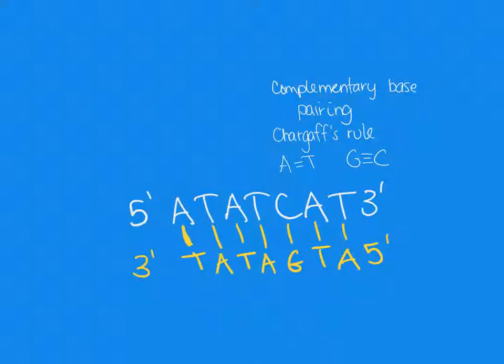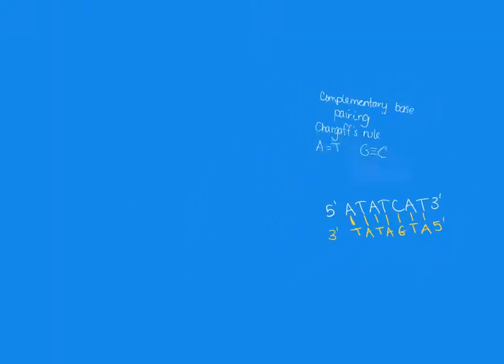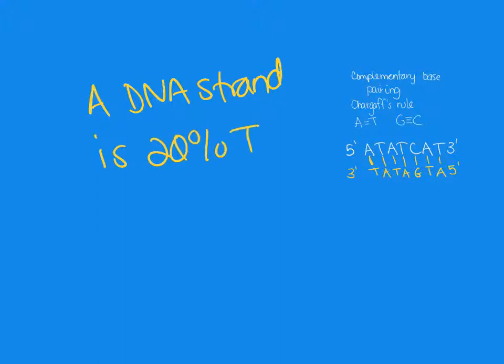So if you know one strand of DNA, you can figure out what the other strand has. It also means that I could give you a question that says a DNA strand is 20% thymine, how much cytosine?